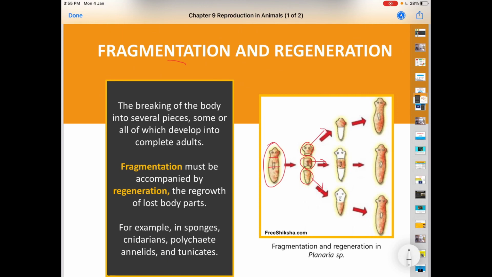Fragmentation must be accompanied by regeneration. After they separate, they will regenerate into a new, complete form. Regeneration is the regrowth of lost body parts. Examples of organisms that do fragmentation and regeneration are sponges, cnidarians, polychaete annelids, and ctenophores.